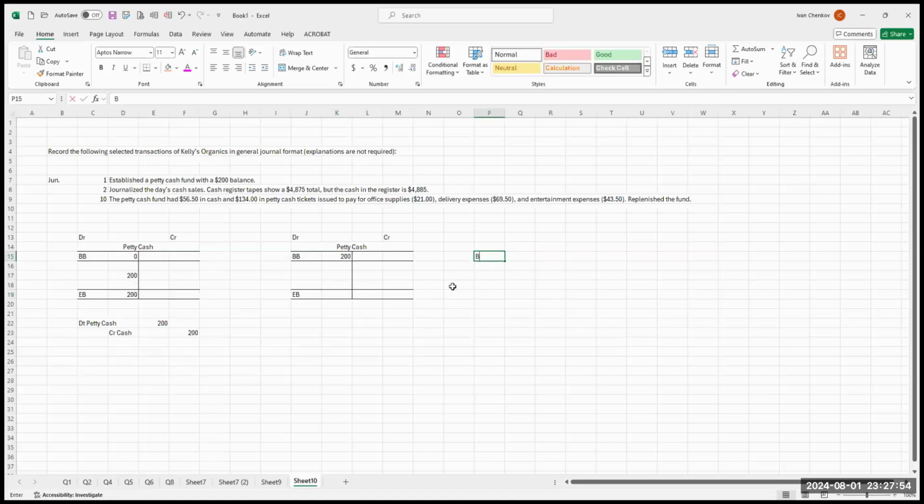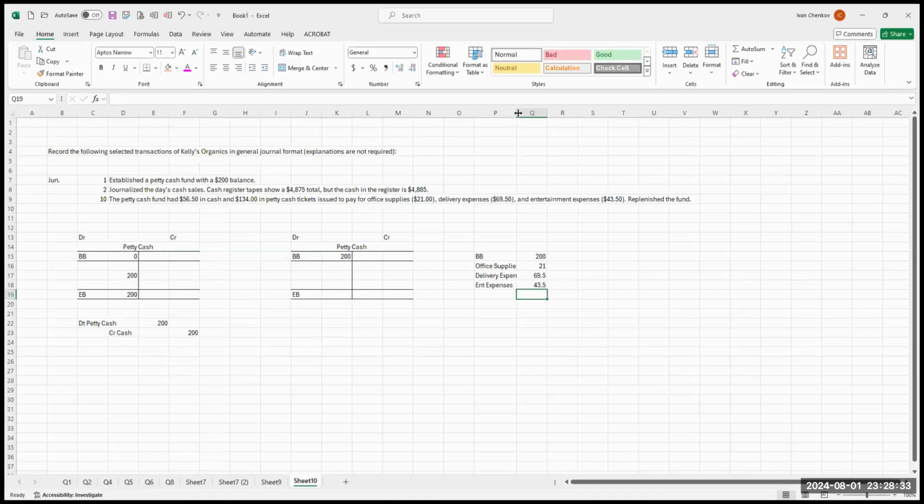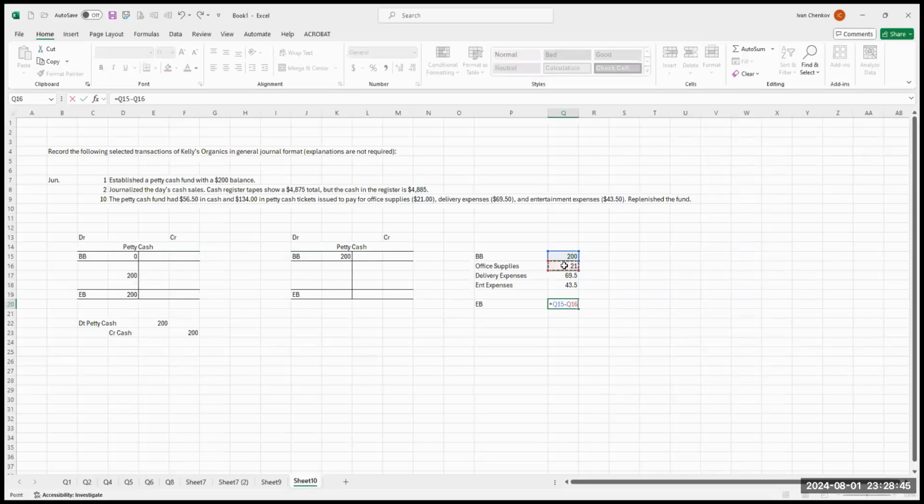So if we have a beginning balance in petty cash of $200, and somebody spent on office supplies $21, on delivery expenses $69.50, and on entertainment expenses $43.50, you expect that in this fund the ending balance should be this one minus this one minus this one minus this one. The ending balance should be $66.